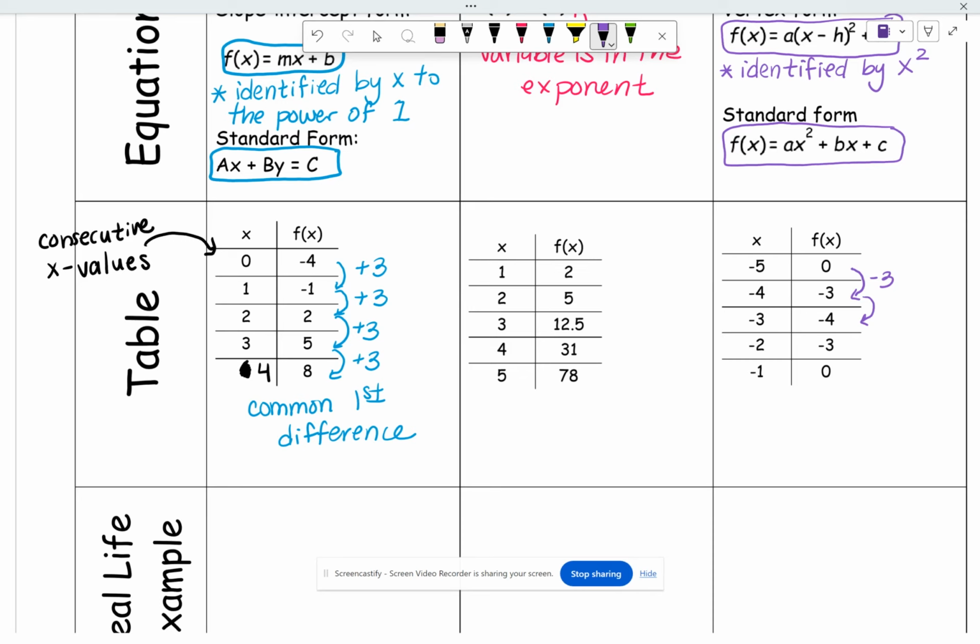So I'm going from -3 to -4. If I'm going to the left, that means I have to subtract. I go from -4 to -3. Oh, that's adding 1. And then from -3 I get back to 0, which is adding 3.